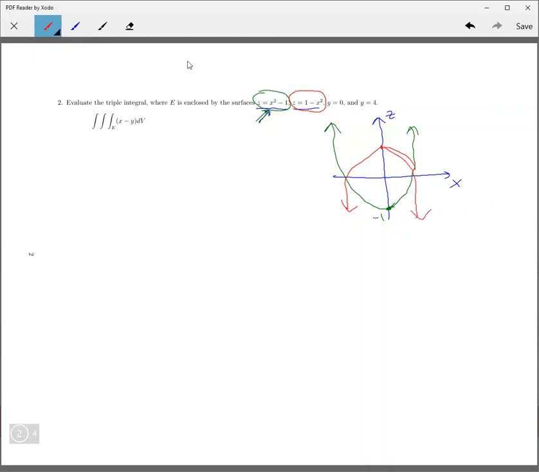Okay, so these are gonna intersect here and here, right? Here and here. And what's that point right there? +1 and -1. Okay, good. So x is +1 and -1. Okay. And so the region that we're looking at is this one right here.